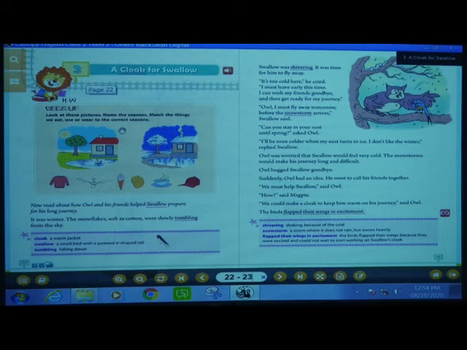A Cloak for Swallow. A-C-L-O-A-K. Cloak. Cloak means what? A warm jacket. What do we mean by cloak? A warm jacket. F-O-R, for.